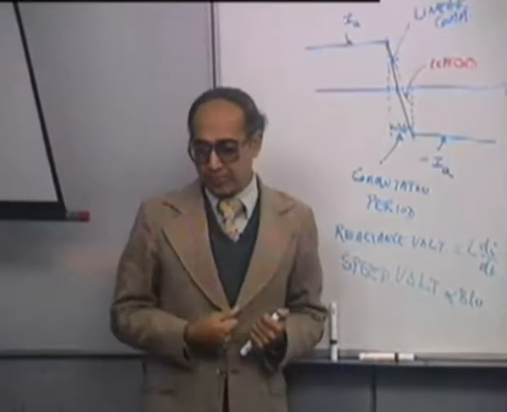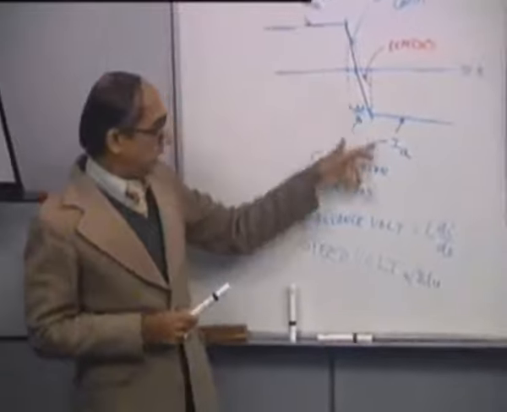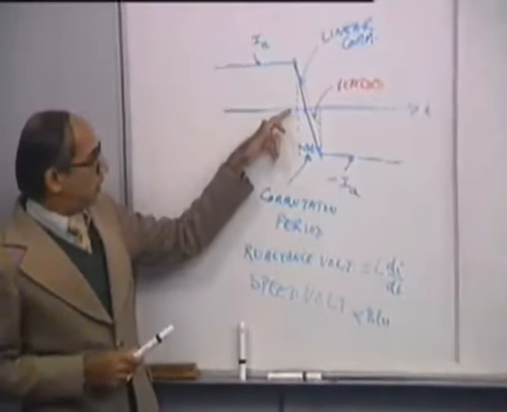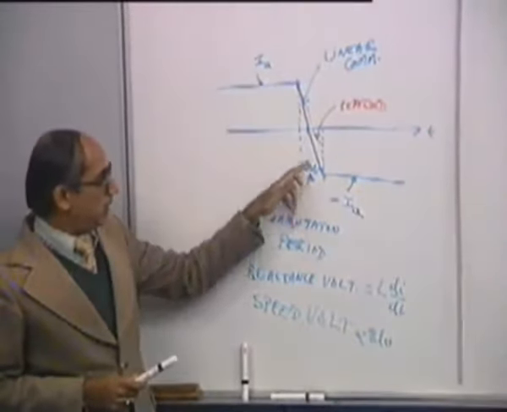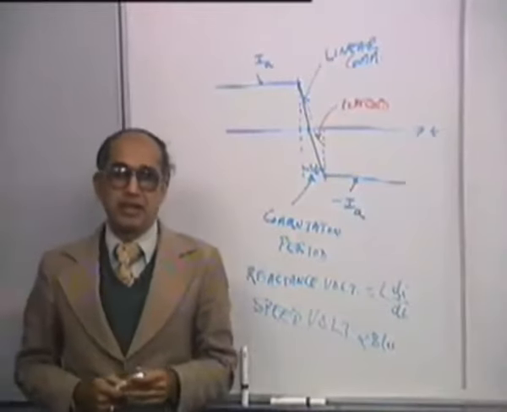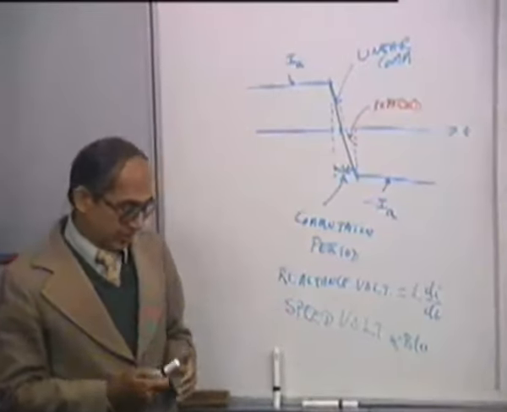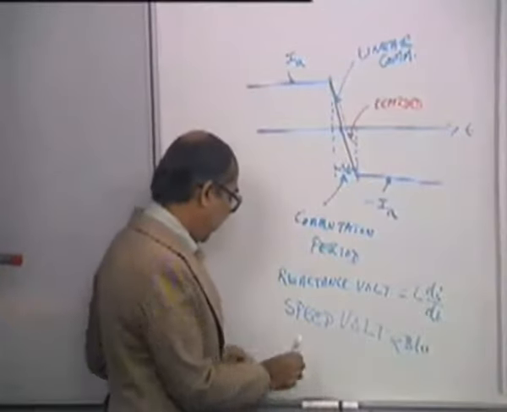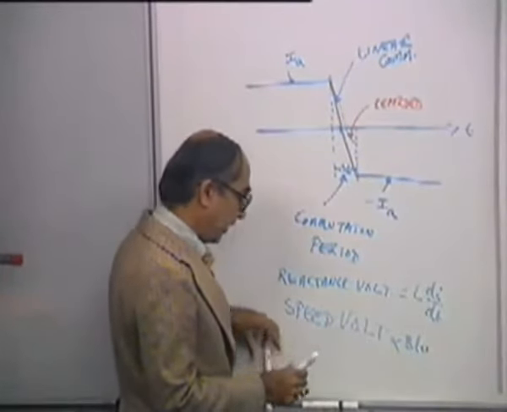So this commutation process, how to make it linear? Now we must try to make the resistance higher than inductance. So one way is to increase resistance and decrease inductance.